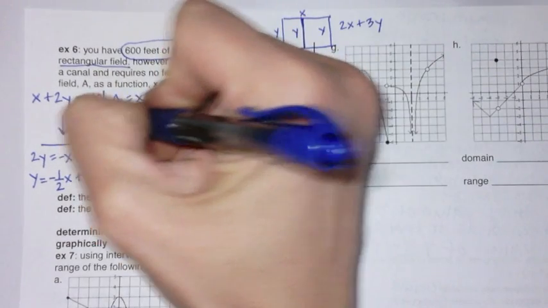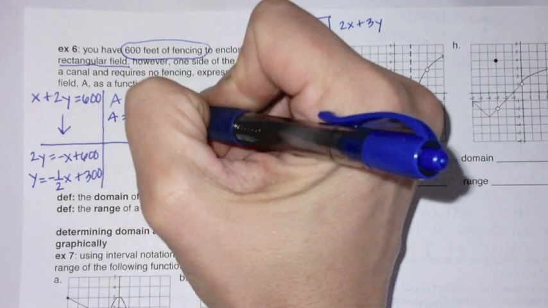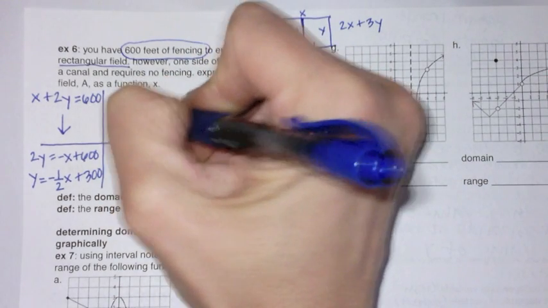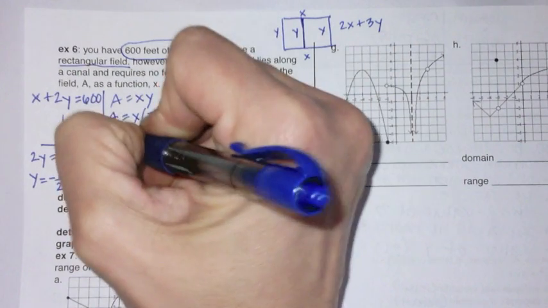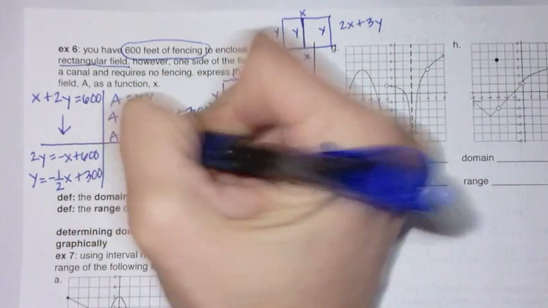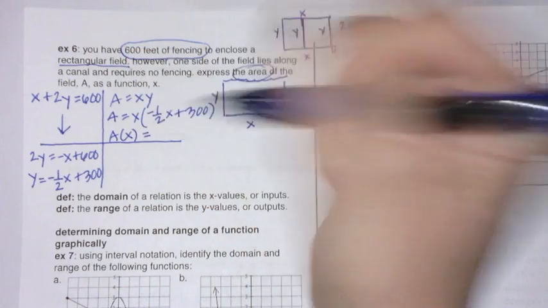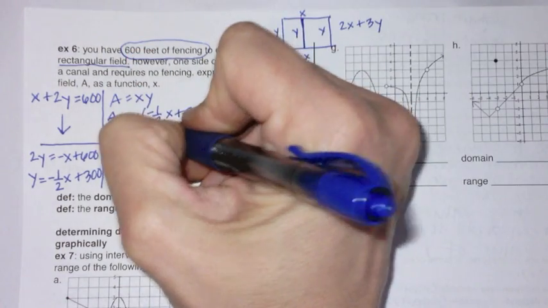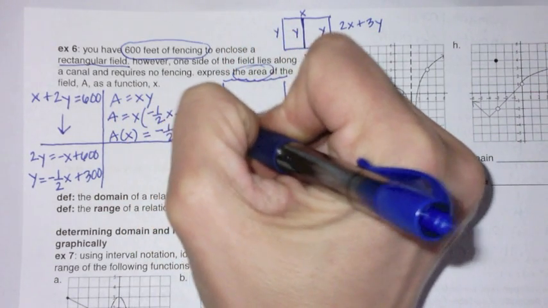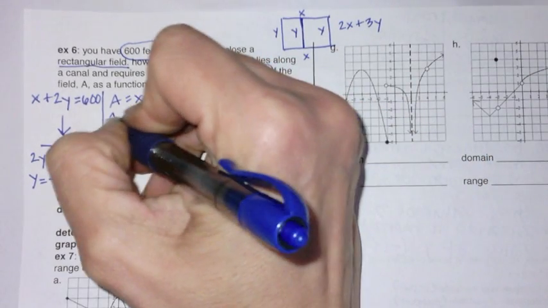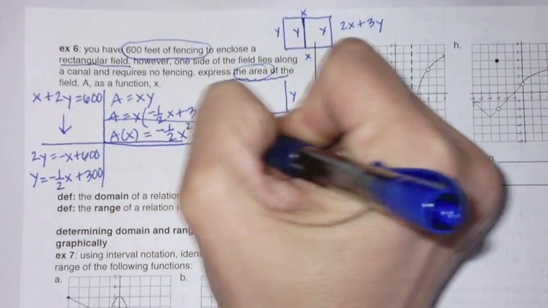It'll make your life easier. Then I'm going to take this and plug it in up here, and then I'm going to multiply that. And because it's all in terms of x, I can use that notation now. Area in terms of x, negative 1/2 x squared plus 300x. And that is the answer right there.